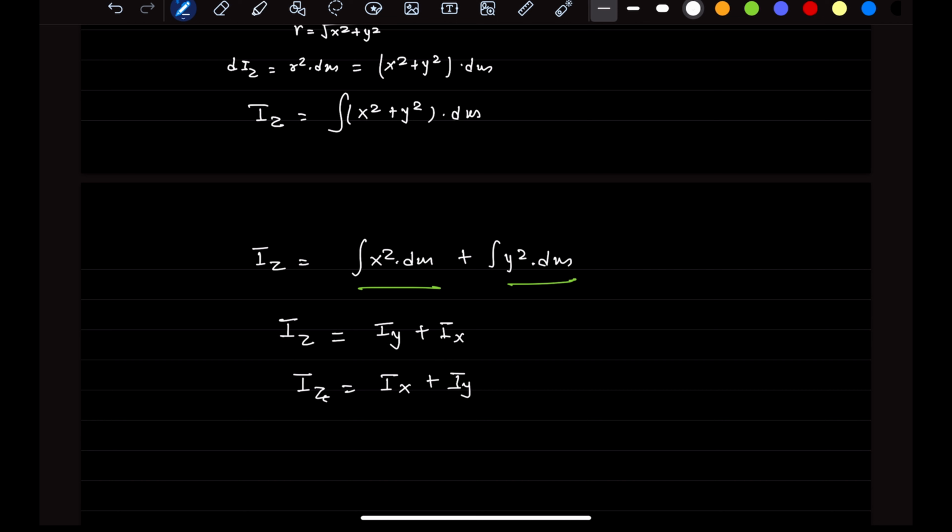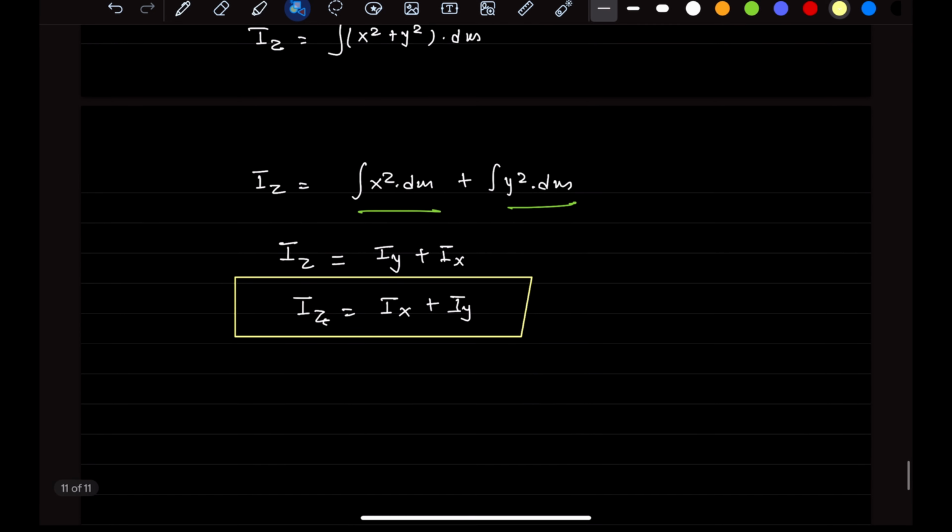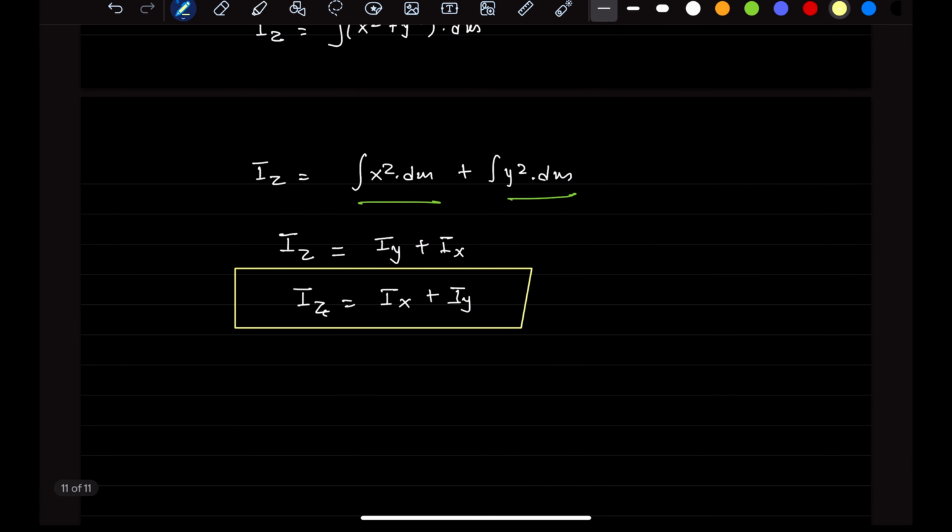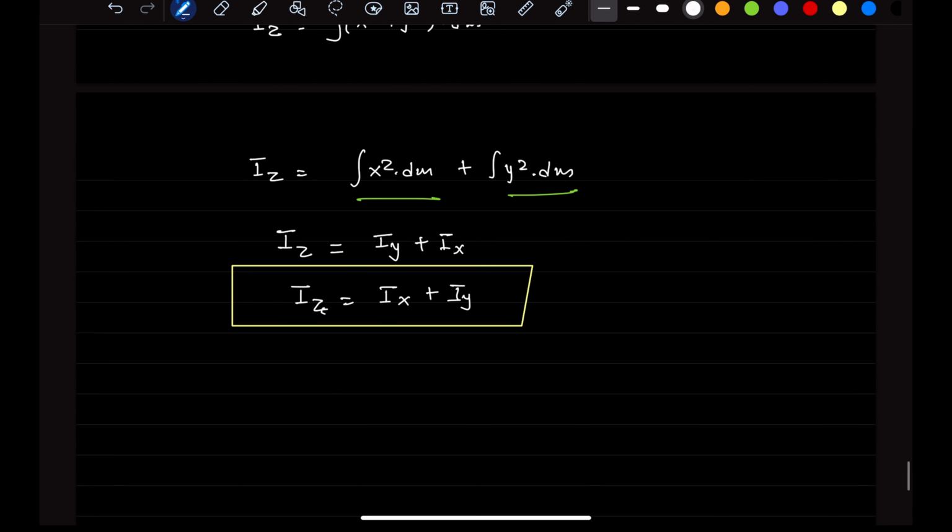One important thing I am going to tell you now. This is our formula for this perpendicular axis theorem, or this is the result of this perpendicular axis theorem. Now you need to keep in mind that the z-axis is perpendicular to the surface.